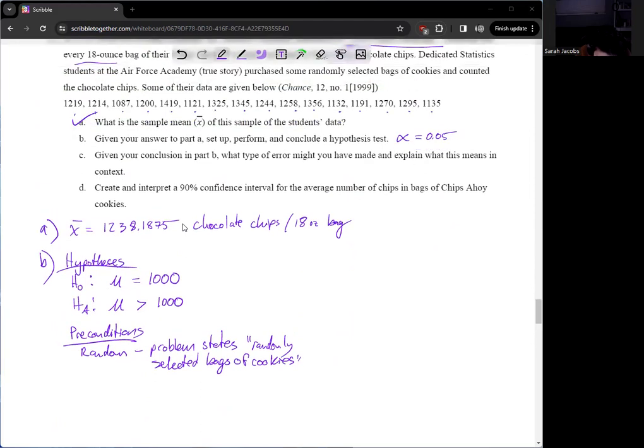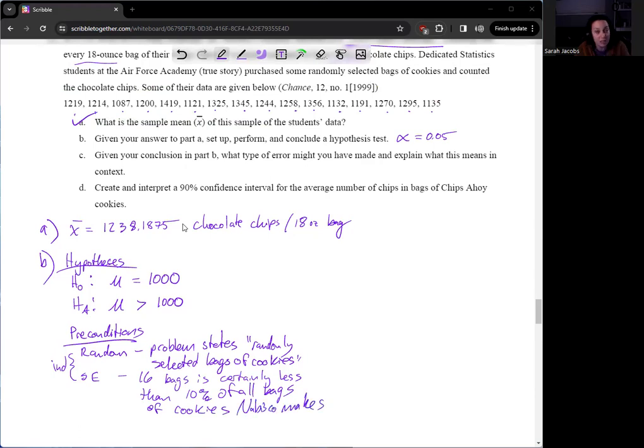Small enough. So these are both about independence. 16 bags is certainly less than 10% of all bags of cookies Nabisco makes. And Chips Ahoy cookies, be as specific as possible.